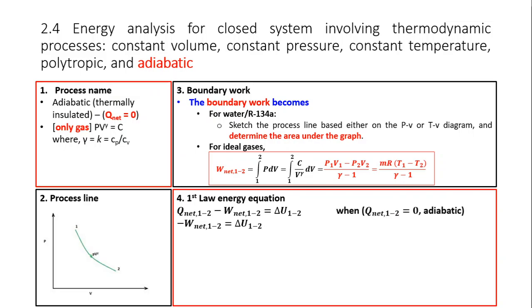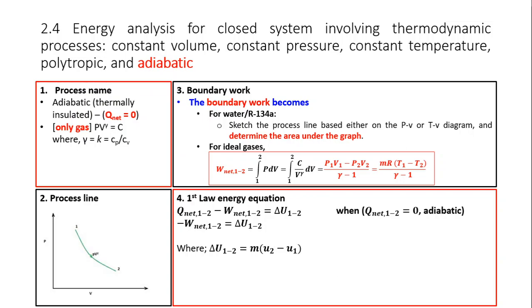For the first law energy equation, start with writing the general equation. And since the process is adiabatic, which means Q net here is 0, we can cancel the term Q net and it will leave us with the equation negative work net equals delta U. And this equation here can also be used to calculate the boundary work.